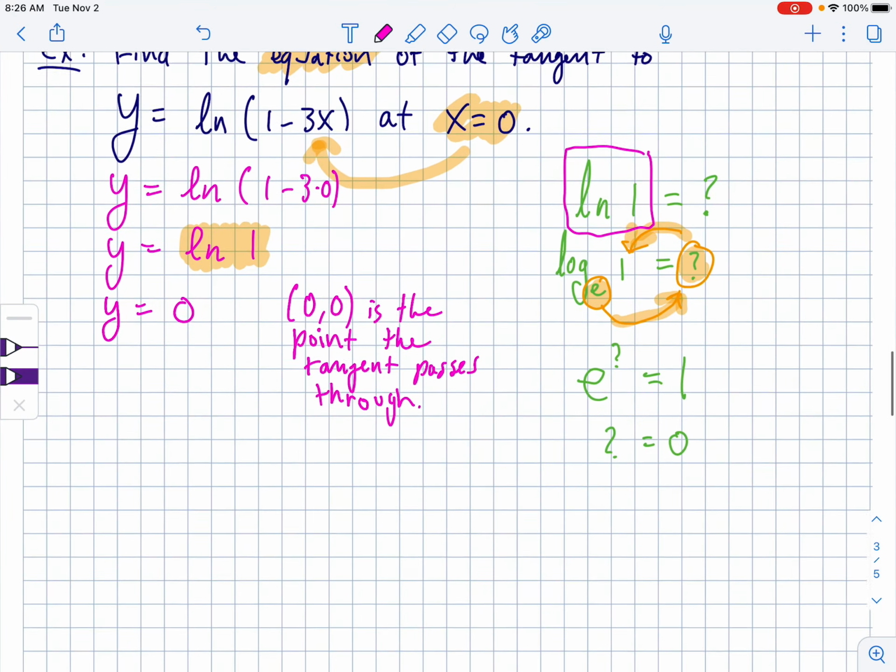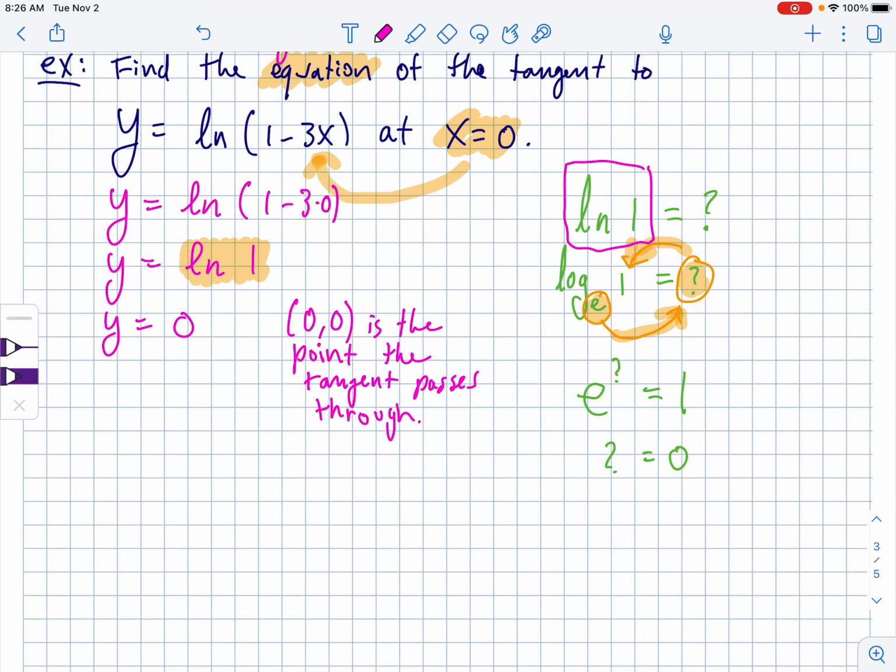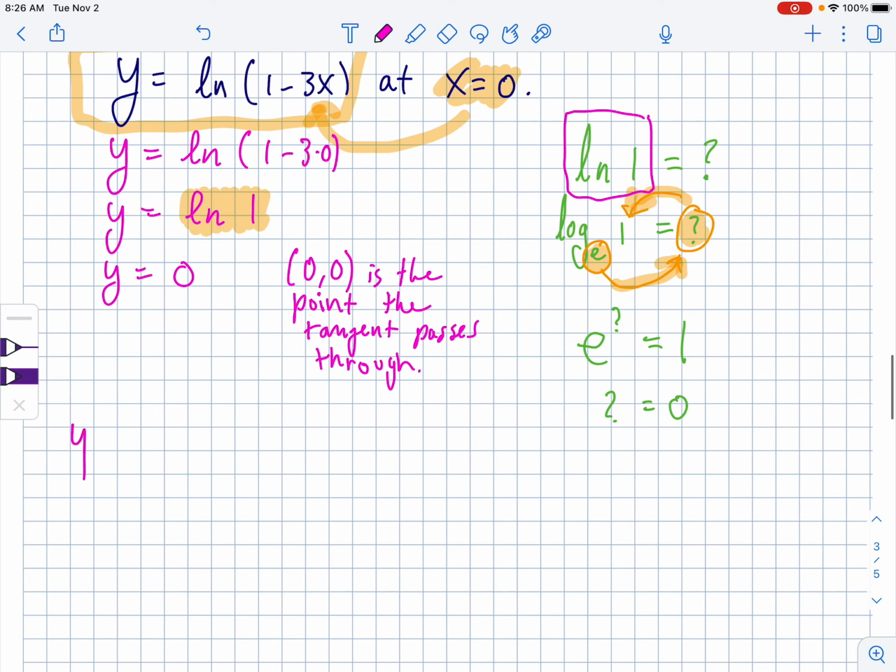Now, I haven't done anything with the derivative yet, so let's take the derivative of that function. When I look at the original function, I see a chain rule because there's a function nested inside of a function. So the chain rule is derivative of the outside, which for natural log is 1 over x, but with the inside the same, untouched. So that's 1 over 1 minus 3x.